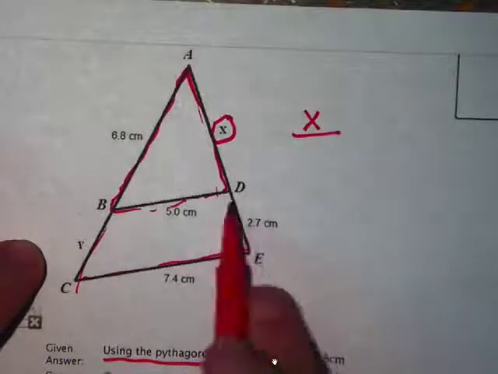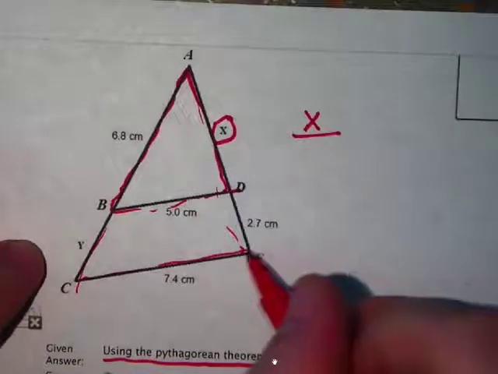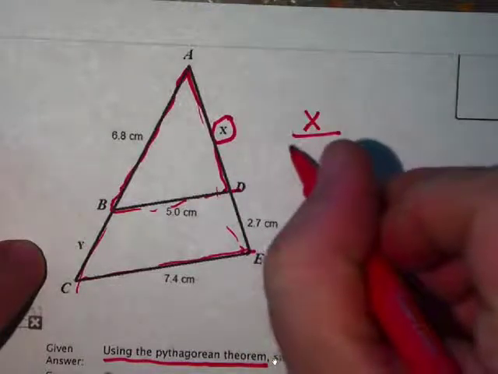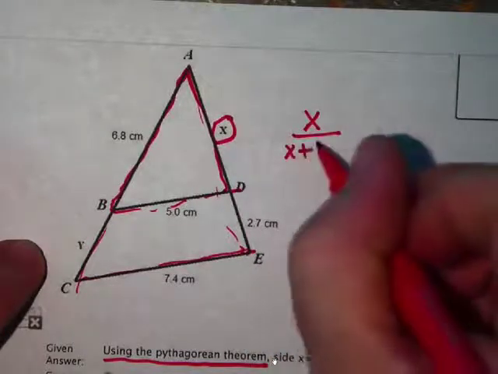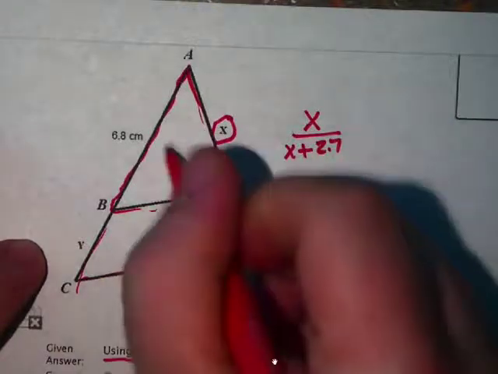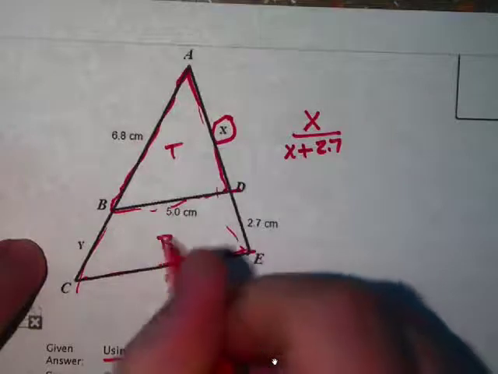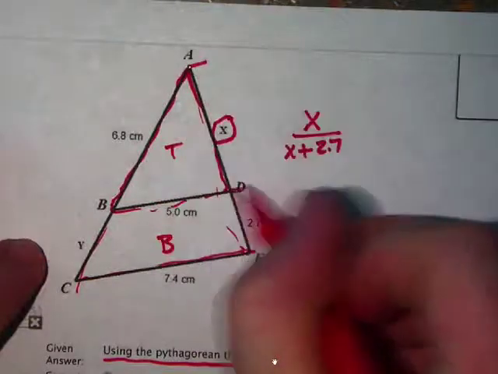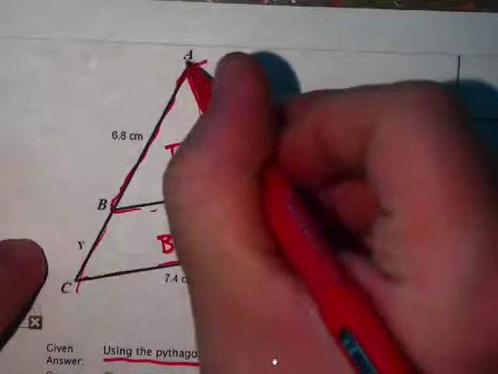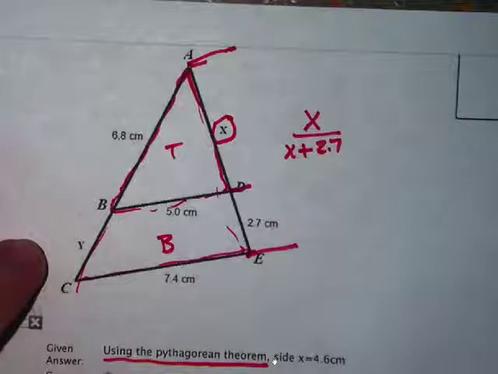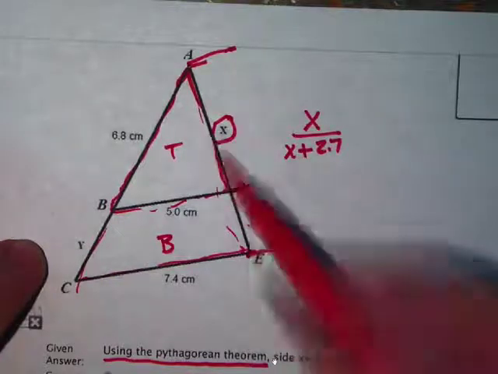Well, 2.7 is just this piece down here plus this whole thing up here. So x plus 2.7. Okay, so that's comparing this one. We're going to make this one the top triangle and this one the bottom. We're comparing this side here to that side right there. But that side we have to add the two together to get it.